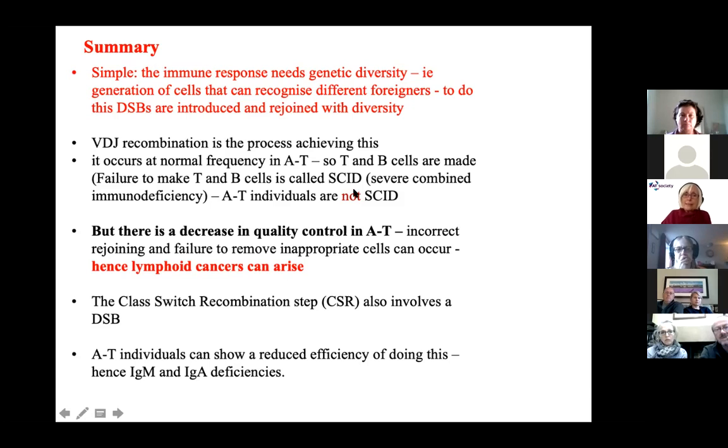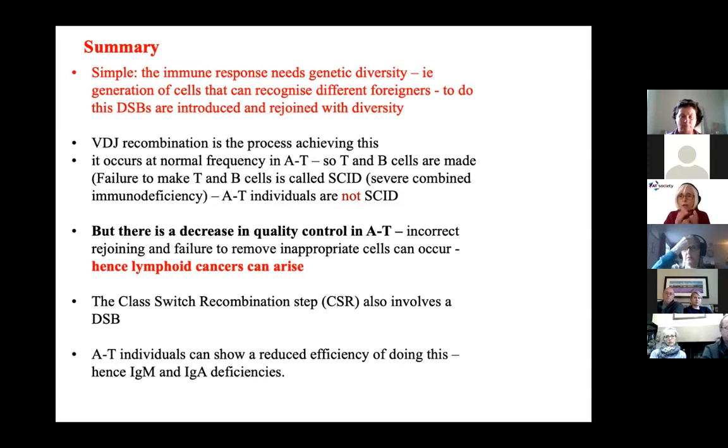But for AT, the important aspect is that the quality control is aberrant, and you can get incorrect rejoining of those ends, much like I showed with those translocation events.